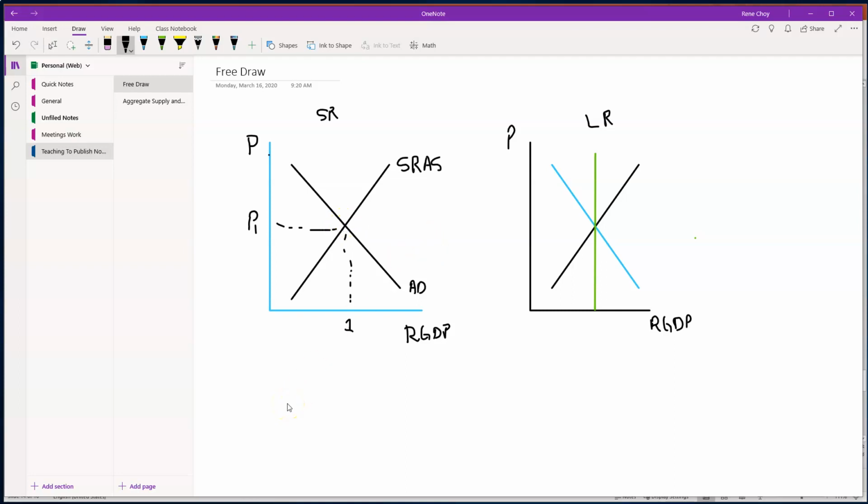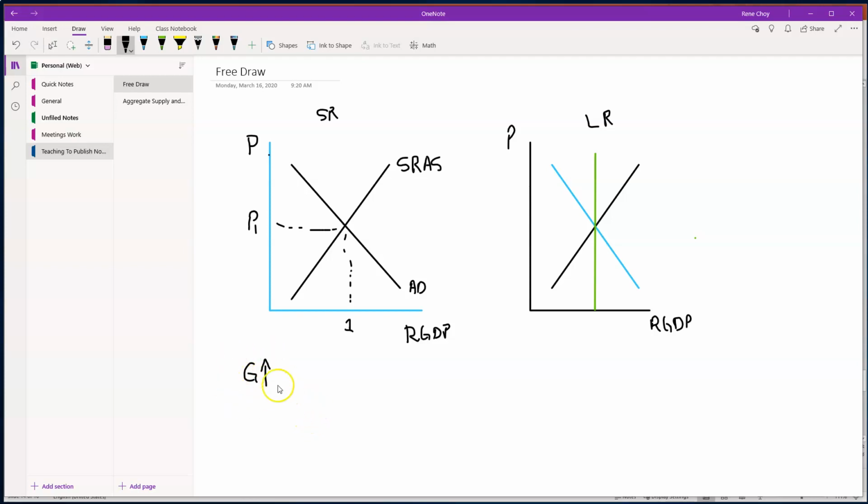All right, so let's create a change in the short run. Now let's say that there is an increase in the level of consumption in the short run. Actually, no, let's do policy, since we're going to be doing this in follow-up chapters. So let's say there's an increase in the level of government spending.